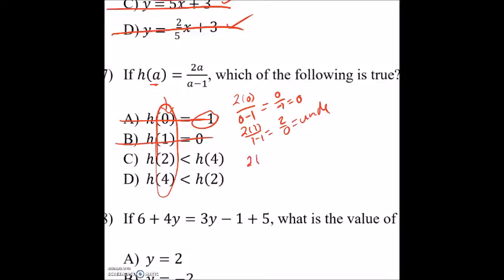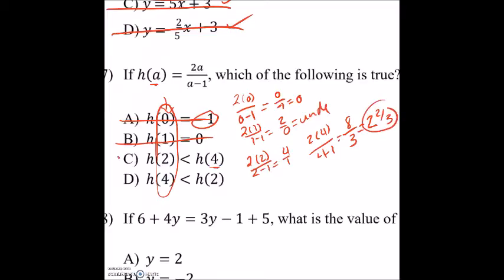Then when I plug in a 2 in there, 2 minus 1, 4 over 1. And then I'll plug in a 4, 2 times 4 over 4 minus 1, that's 8 over 3. Now, when we look at 8 over 3, it goes in twice, and then 2 and 2/3. So we need to understand what it is.